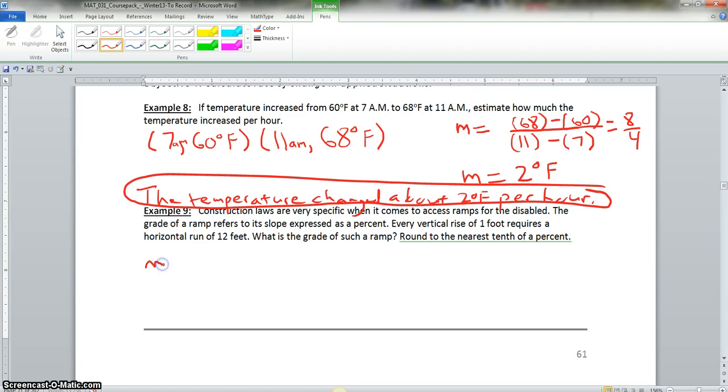So we have our slope. Now remember, earlier on, we found out what goes in our numerator and what goes in our denominator. Again, on the first page of this section, we had the vertical divided by the horizontal.